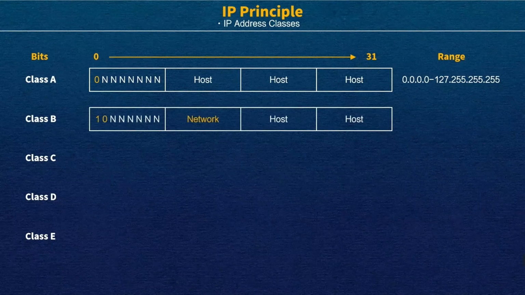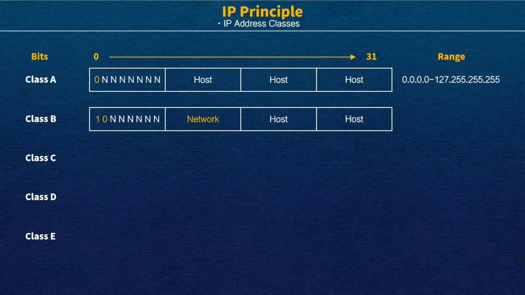And then about class B, it's a little different. We define the first 16 bits as the network part, and the rest 16 bits as the host part. And the second rule is that the first 2 bits are 1 and 0. Okay, so what's the range? Also, to calculate the range, we get the smallest one and the biggest one, right?